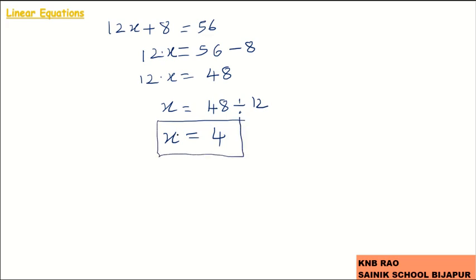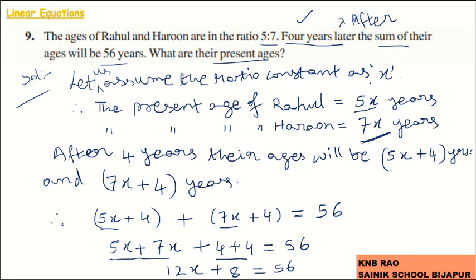Now, after getting the value of x, we know the ratio constant we got as 4. Now, we have to tell the present ages of Rahul and Harun.